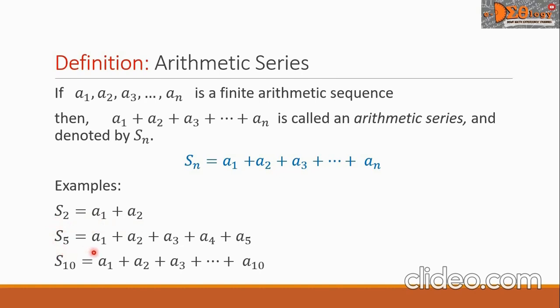So you see, this is a sub 1 plus a sub 2 plus a sub 3 plus a sub 4 plus a sub 5. Example 3 is S sub 10. So let us take the sum of the first 10 terms of the arithmetic sequence. So here we have a sub 1 plus a sub 2 plus a sub 3 up to a sub 10.